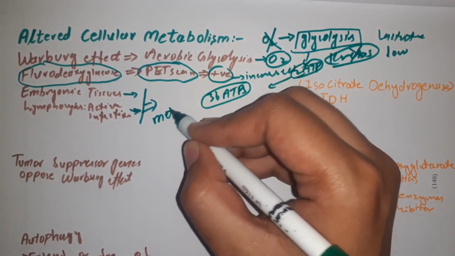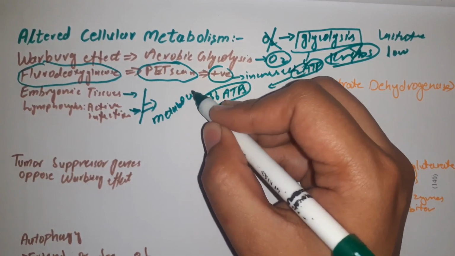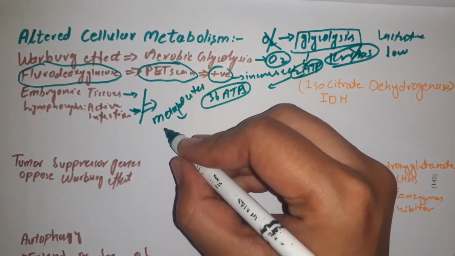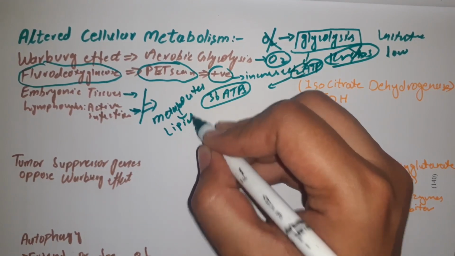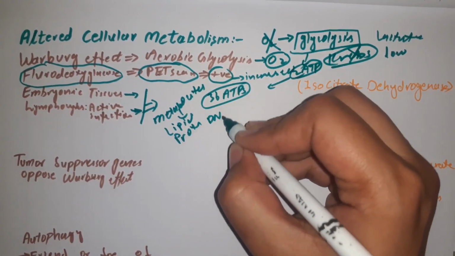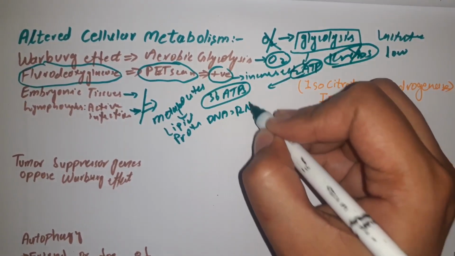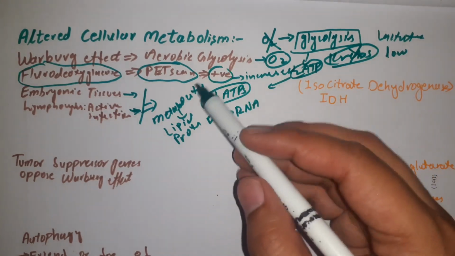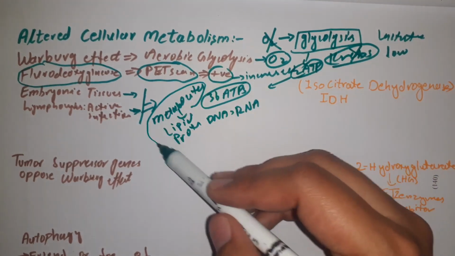metabolites to synthesize their own products. For example, they need metabolites to synthesize lipids, proteins, as well as DNA and RNA. So there are metabolic needs. They don't require much ATP when they don't have these metabolites.